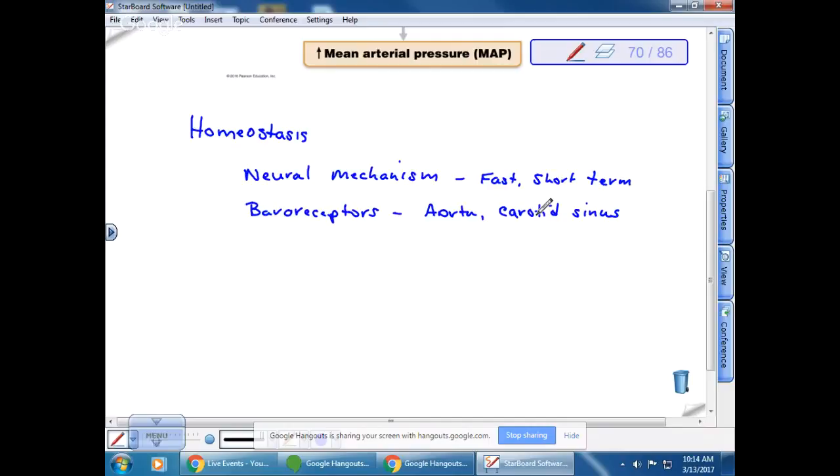So what these measure is pressure. They measure blood pressure, so they can detect it. And they send a signal via the afferent pathway to the part of the brain called the medulla oblongata.